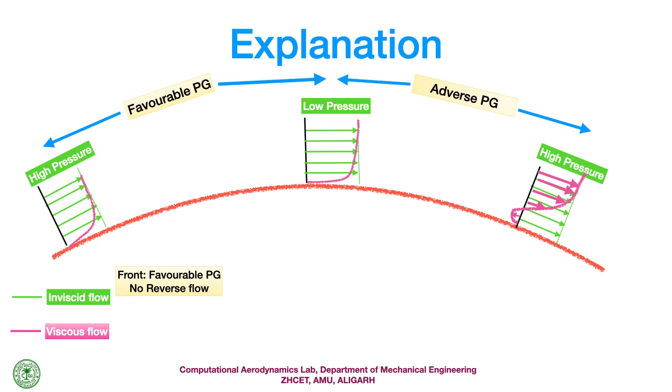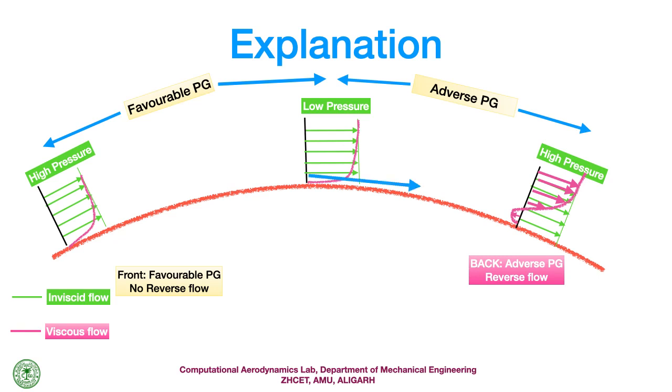This is because at the back, the adverse pressure gradient is there, and hence reverse flow can occur, while at the front there is a favorable pressure gradient, so no reverse flow can exist.